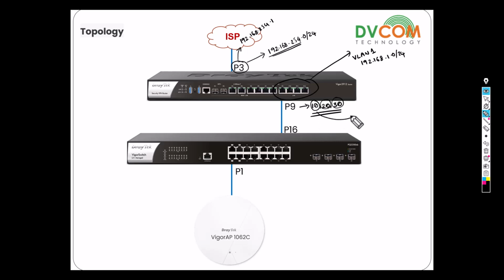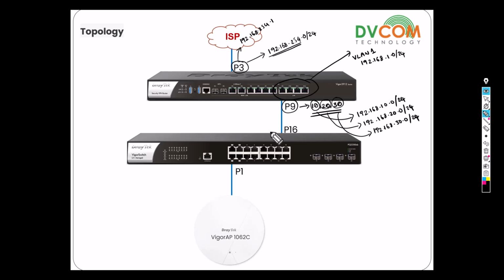For VLAN number 10, I want to use the 192.168.10.0 subnet. For VLAN number 20, I want to use the 192.168.20.0 subnet. For VLAN number 30, I want to use the 192.168.30.0 subnet. Then this is the interface on port number 9.